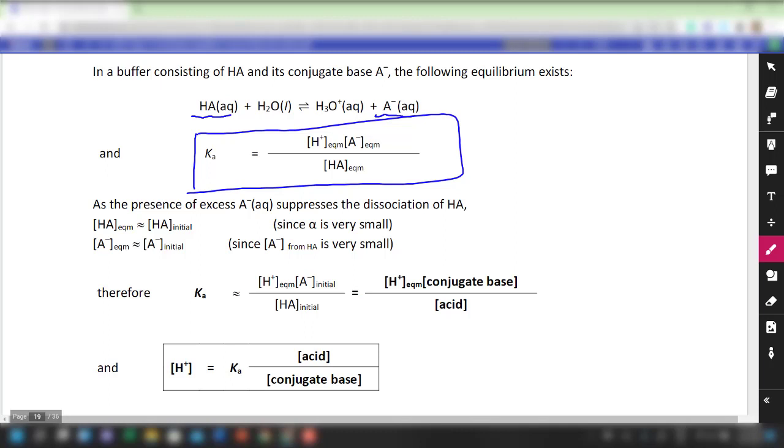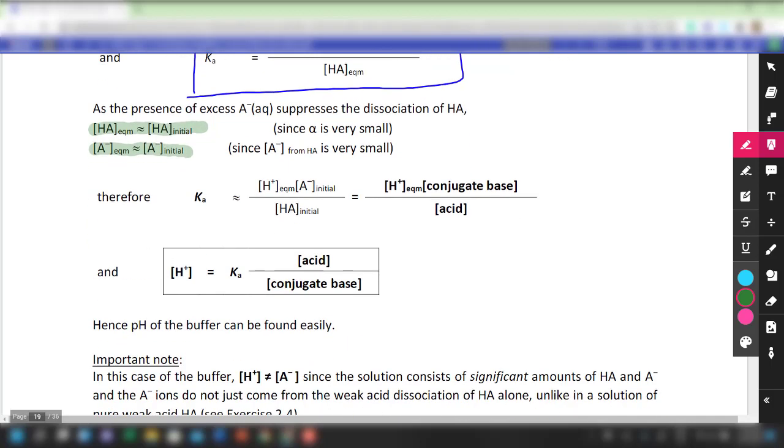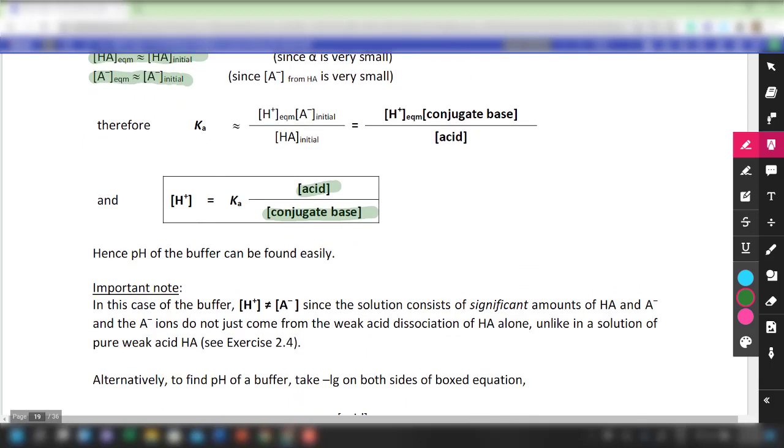The presence of A minus will suppress the ionization of HA. So the amount of HA at equilibrium is similar to the amount of HA I have initially, and the amount of A minus at equilibrium is similar to the amount of A minus I've added into the solution.